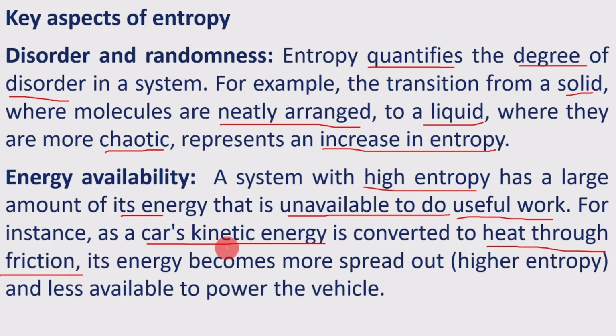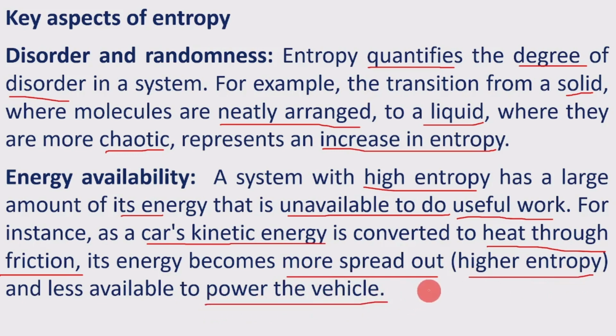During the transmission of the rotational energy to the wheel, there is movement and friction, and due to that friction some part of the energy is converted into heat. That heat we cannot use as energy; it is dissipated to the atmosphere. That's why that part of the energy becomes more spread out, giving higher entropy and less available power to the vehicle.